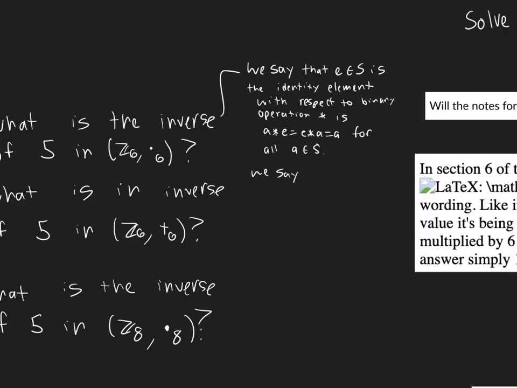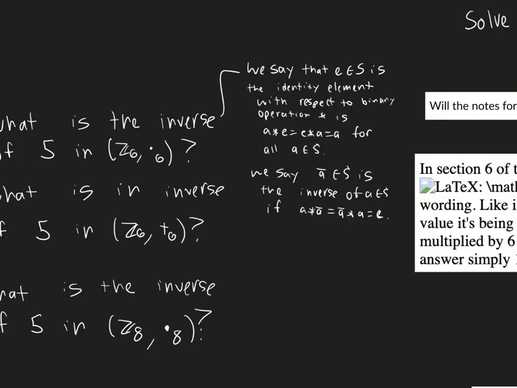We say a-bar in S is the inverse of a in S if a star a-bar equals a-bar star a equals e.